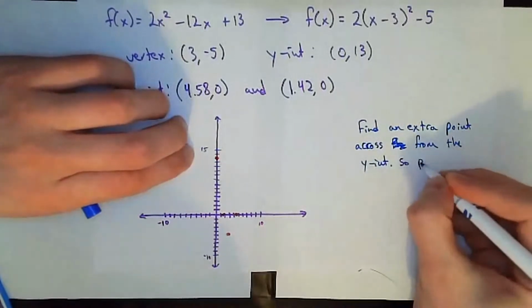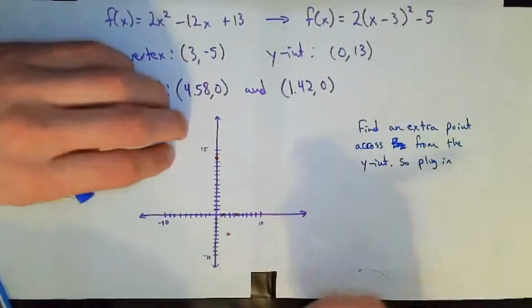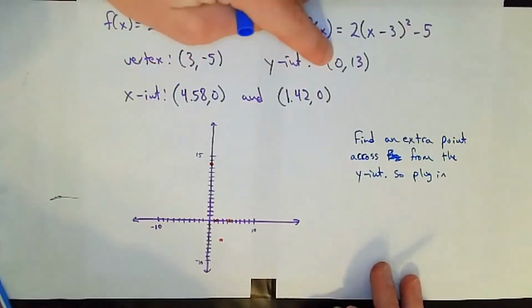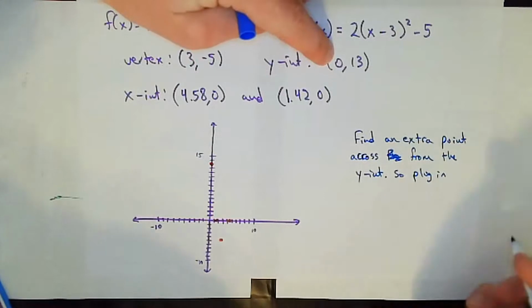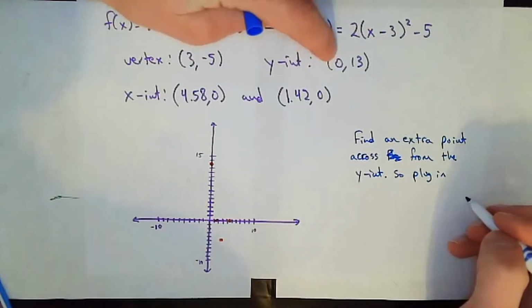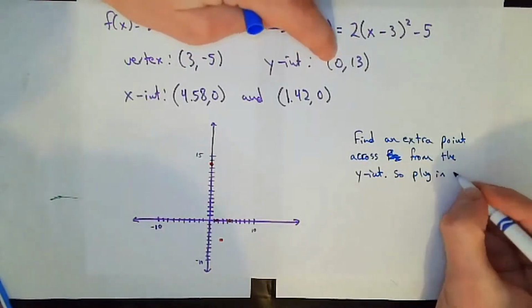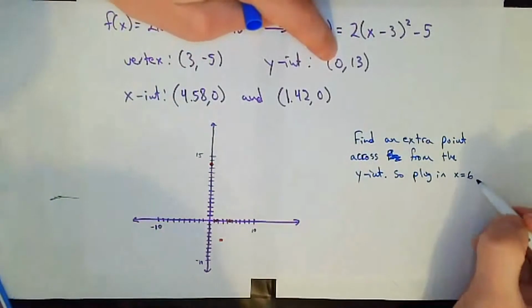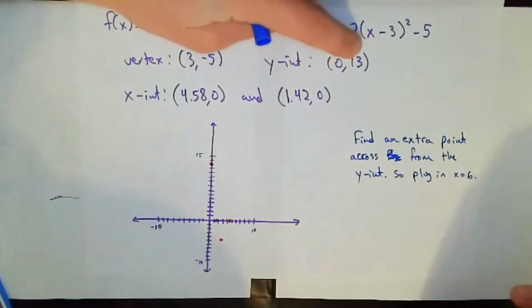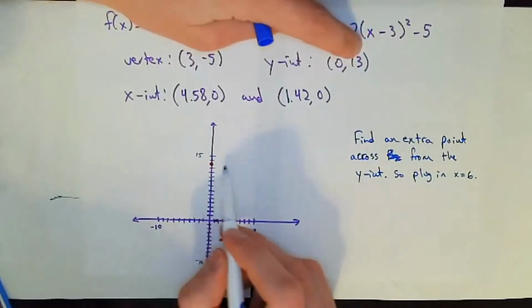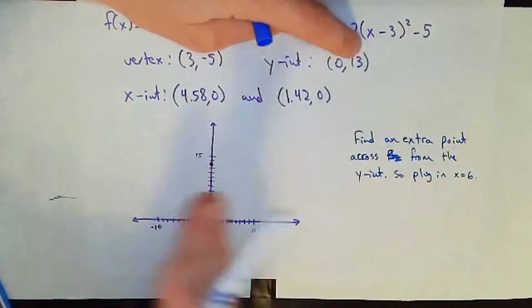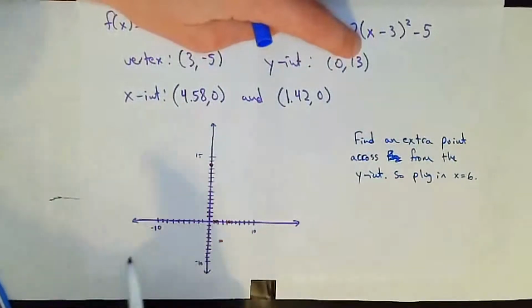So 3 to the left of the vertex is 0, right? That was the whole point of that, so it's the y-intercept. So I'm going to plug in x equals 6, going 3 to the right, and I should get 13 again. It should be very nicely directly across, equal distance from that vertex.